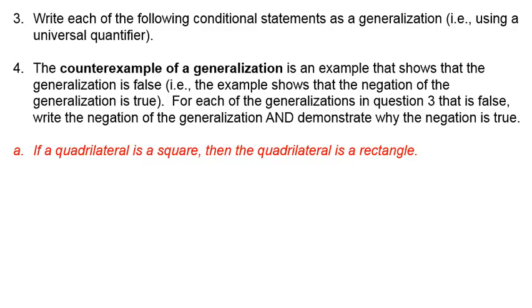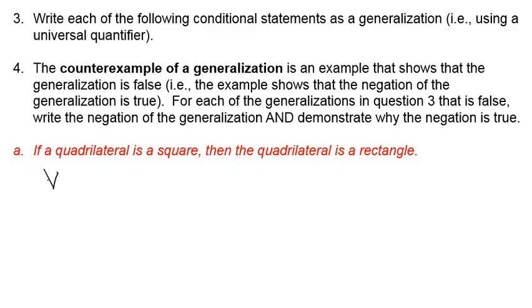Okay, so I'm going to bring my pen up. And question 3a is basically saying if the quadrilateral is a square, then the quadrilateral is a rectangle. You're really saying that for all squares, or for all quadrilaterals.